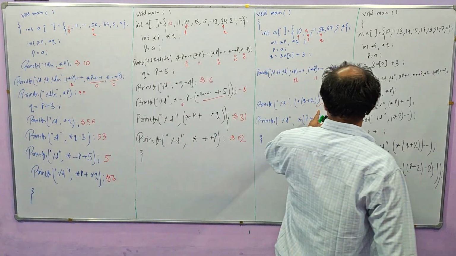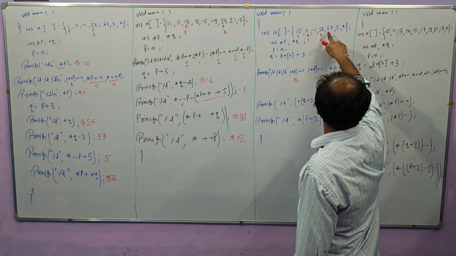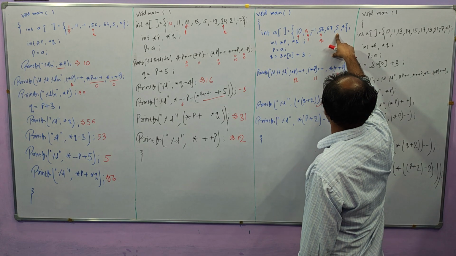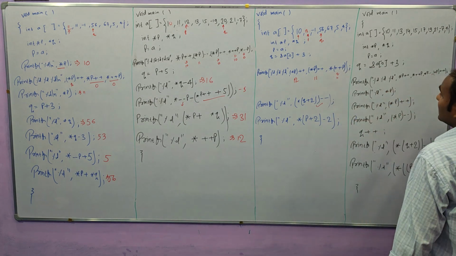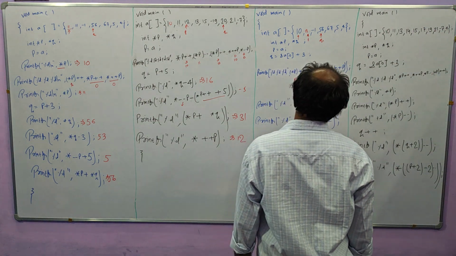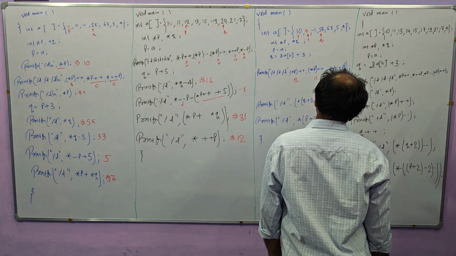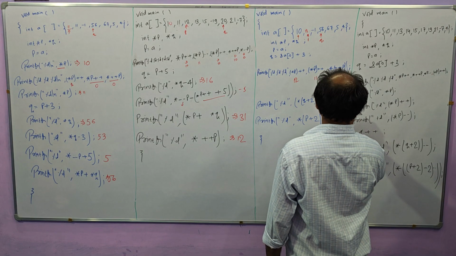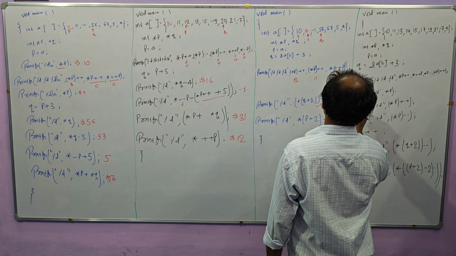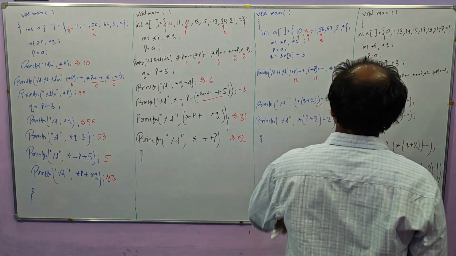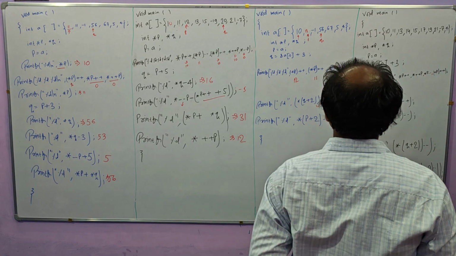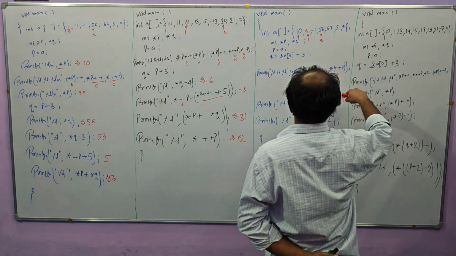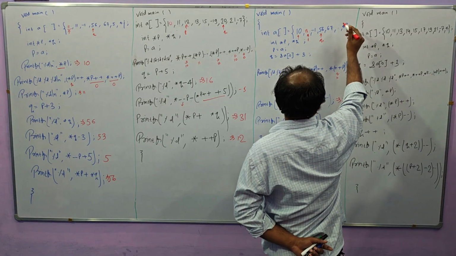So q plus 2 means the value becomes 5. 1, 2, 3, and now the value becomes 4 minus.